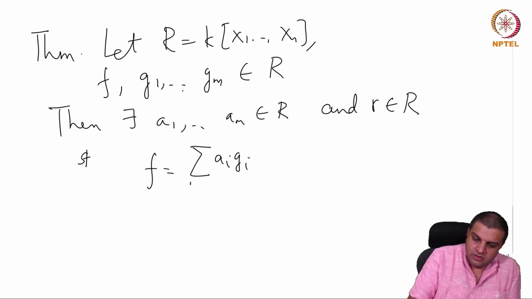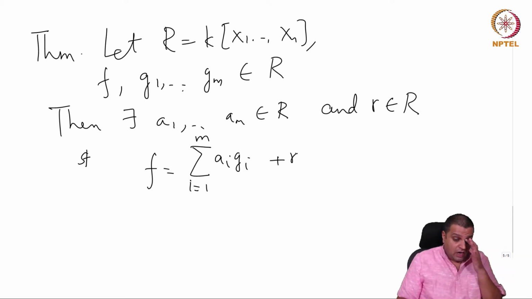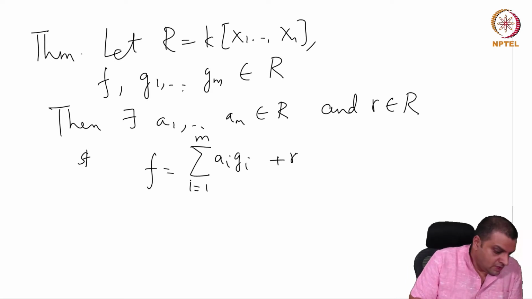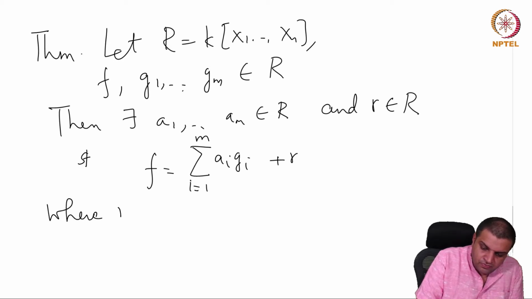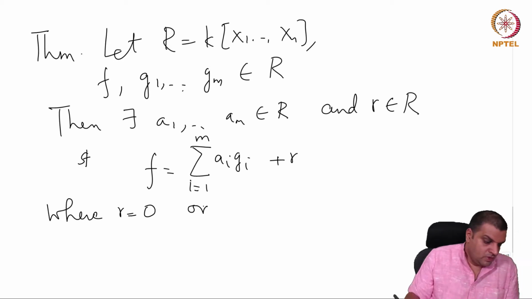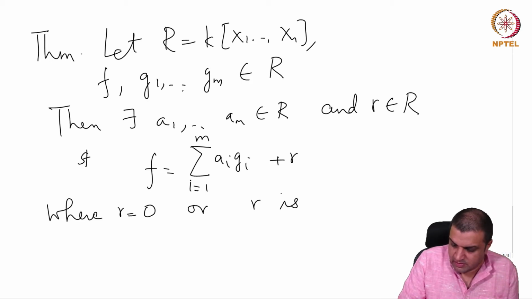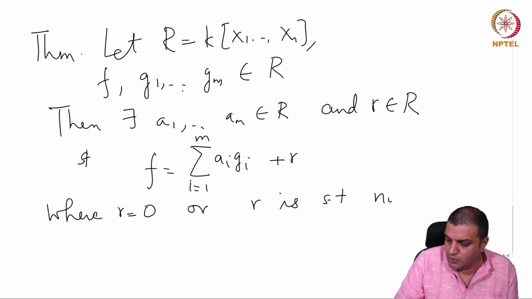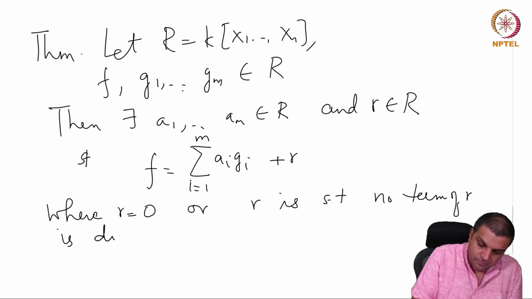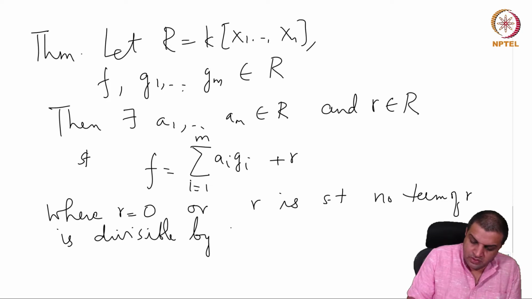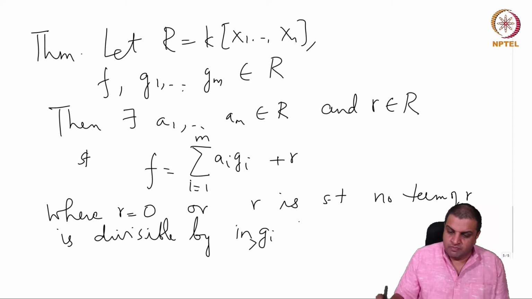f is the sum of a_i g_i plus r. Now again, what is the condition on r? It's exactly the one that we stated earlier, where r is 0, or r is such that no term of r is divisible by the initial term of g_i, for any i.